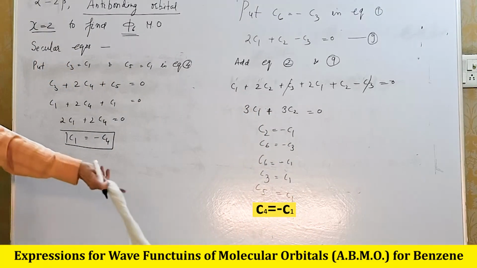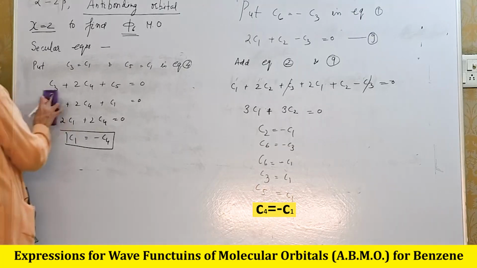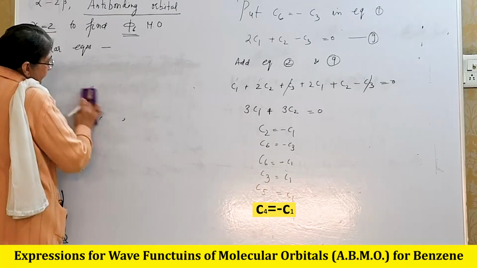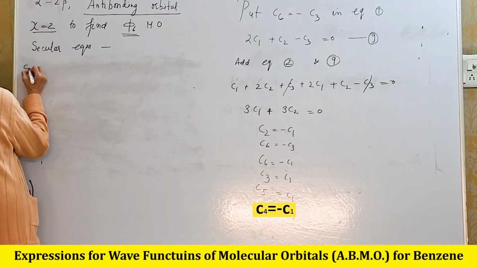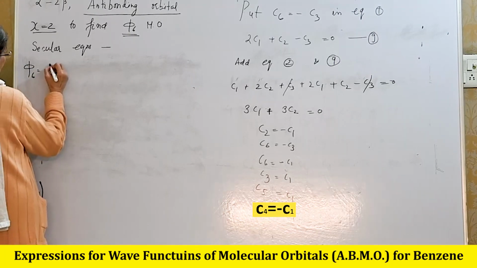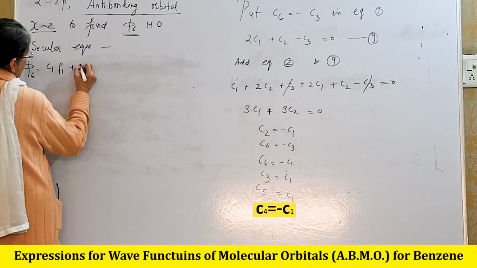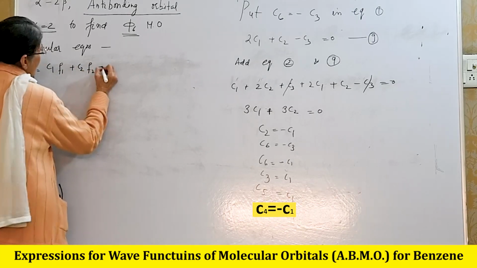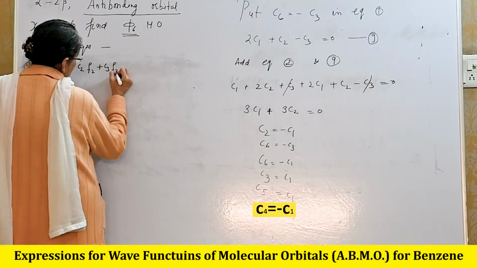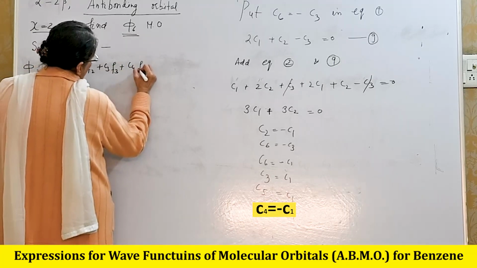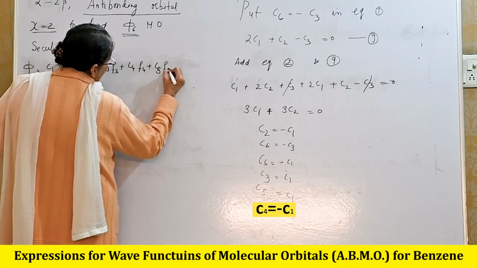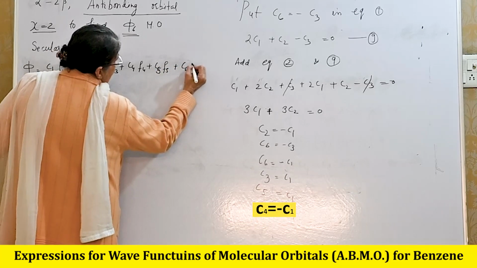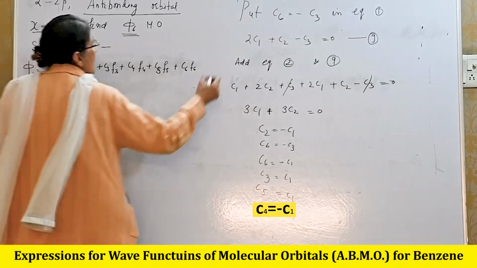Now we know that atomic orbital phi 6 is equal to C1 F1 plus C2 F2 plus C3 F3 plus C4 F4 plus C5 F5 plus C6 F6.